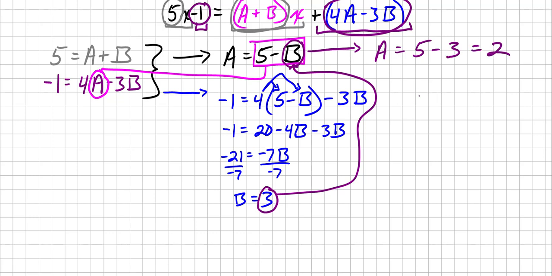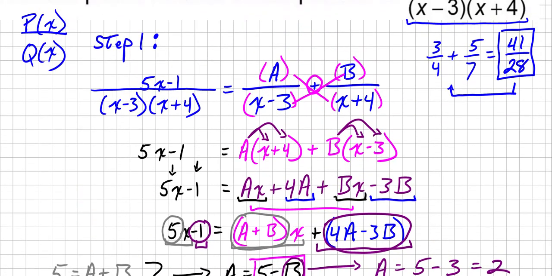So now I have my solution: A equals 2, B equals 3. I'm going to go back to my original expression and replace A with 2 and B with 3.